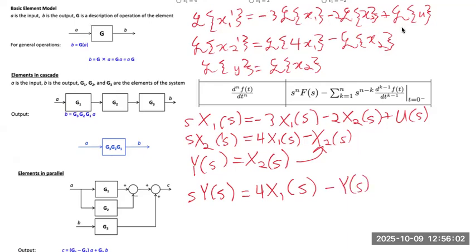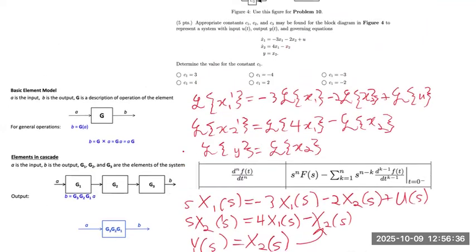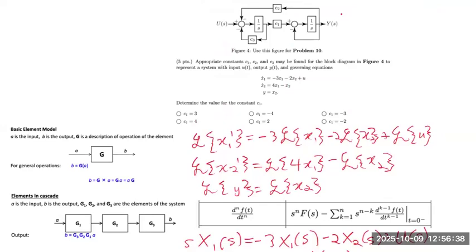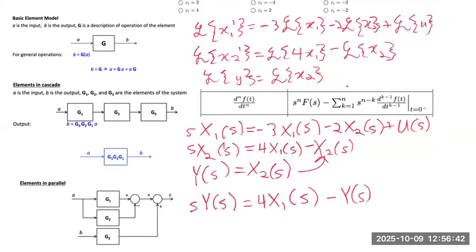No, wait, sorry, I misspoke. We are not trying to get it into one equation. We're just trying to get it in terms of y(s), which is the output, right? y(s) is the output. That's why we're trying to get everything in terms of y(s) or with y(s) in the equation. So now we substitute y(s) into this equation.